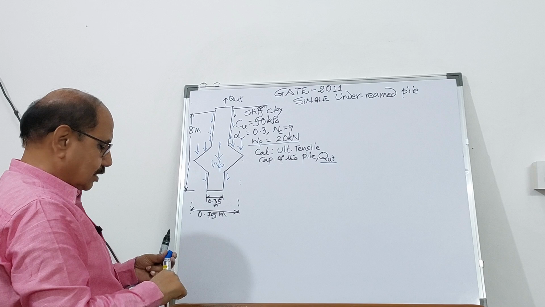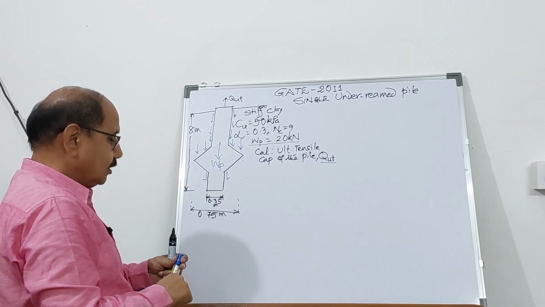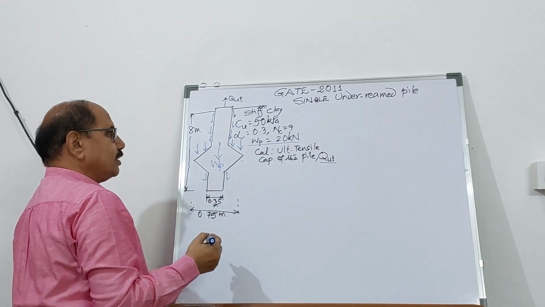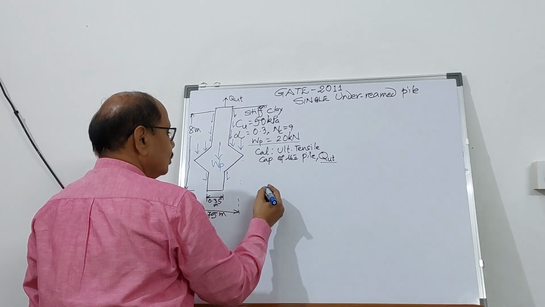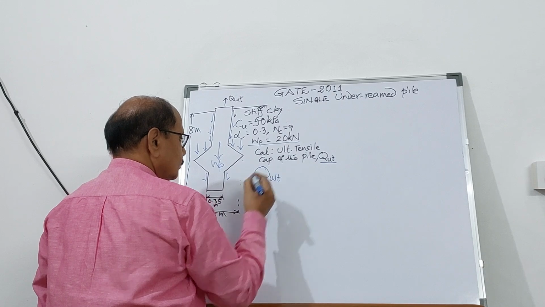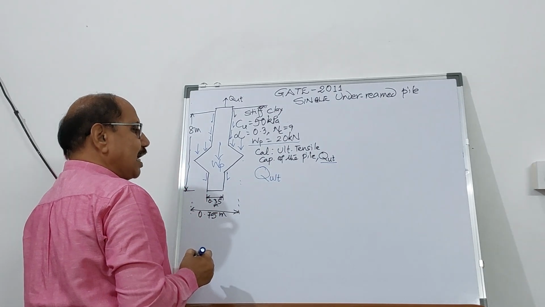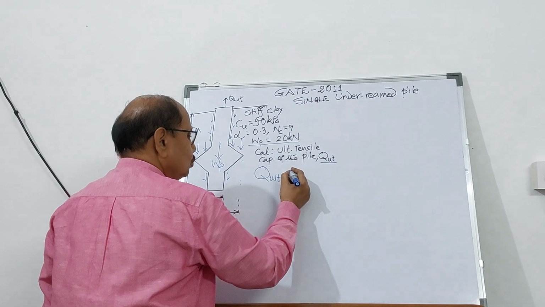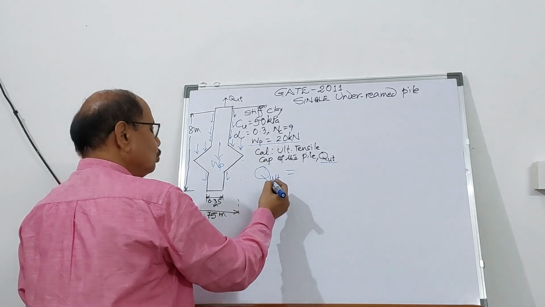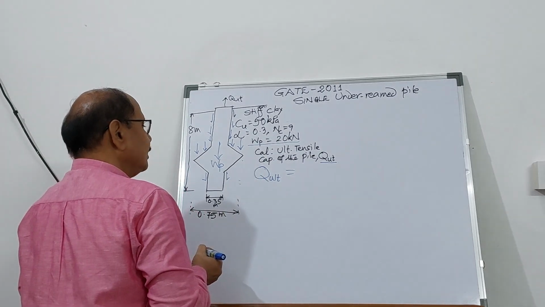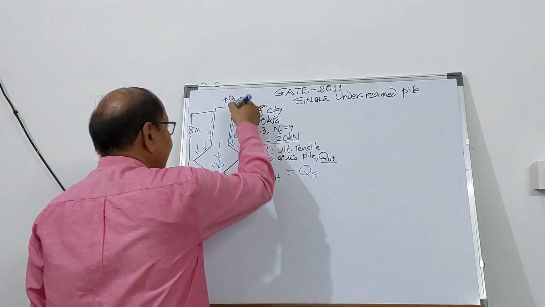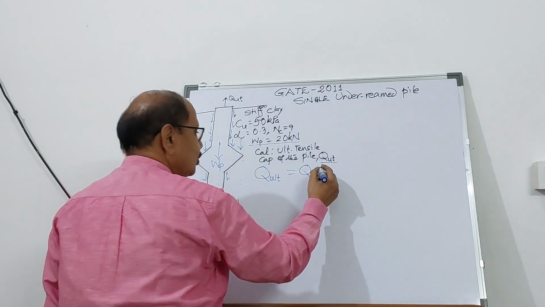So what are the forces that are going to come into the picture in the downward direction? One is the skin friction that is acting over the pile shaft. So the ultimate tensile capacity, Q ultimate or QUT, we can write it, will be given by the skin friction, which is acting over the pile shaft.